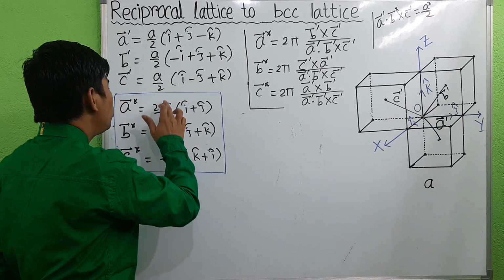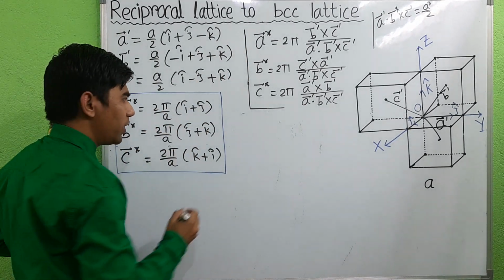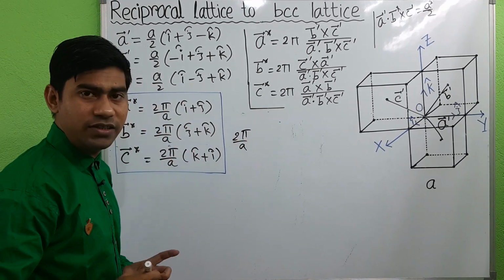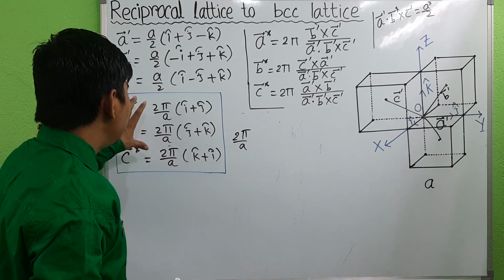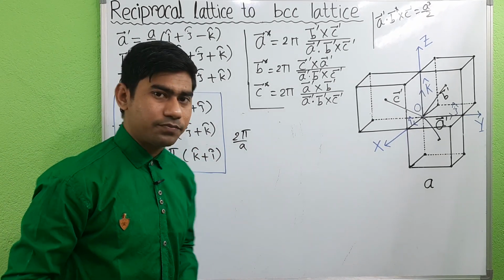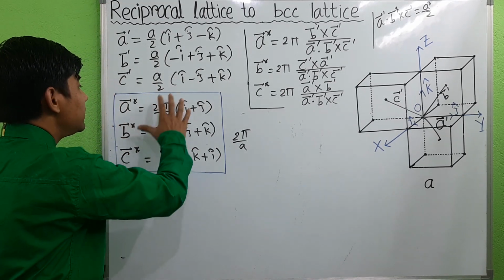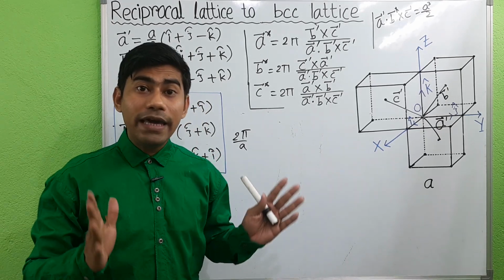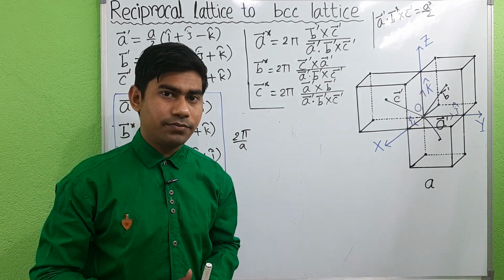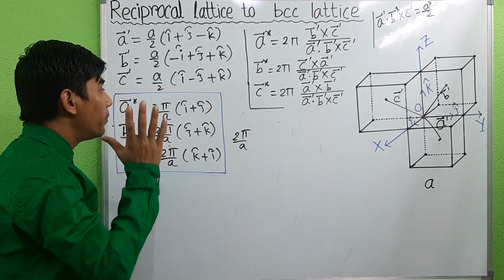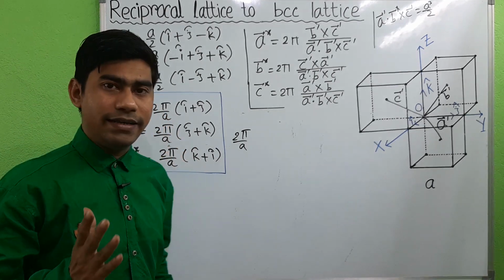Now here we see that 2 pi by a is common in all three cases. So 2 pi by a is the lattice constant, and these are the primitive translation vectors of the face centered cubic lattice.